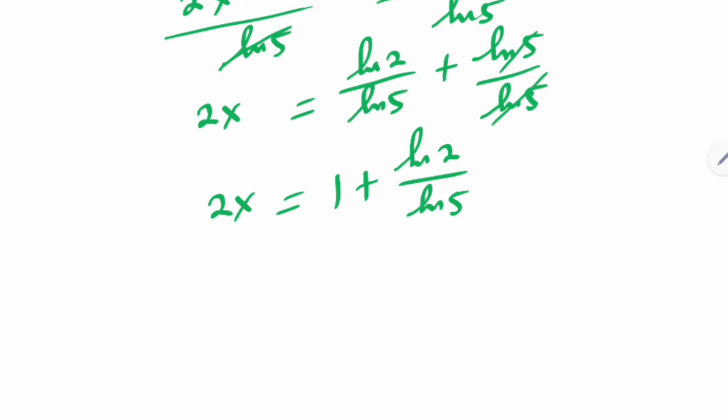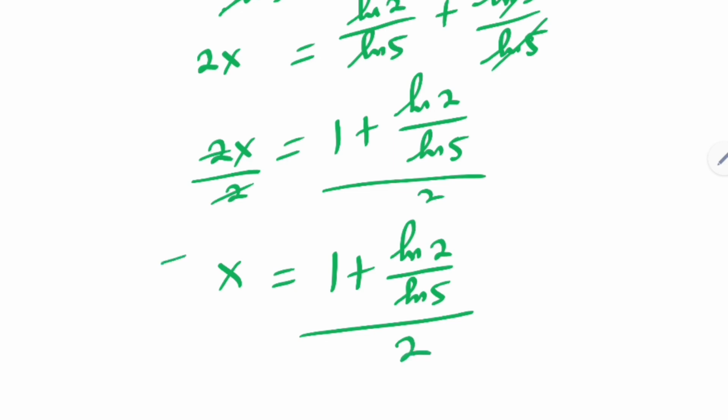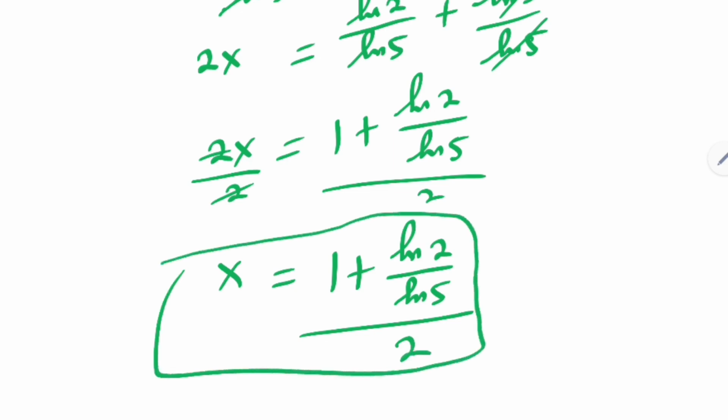Then if you want to divide the whole of this equation by 2 in order to get the value of x, this cancels this. x will be equal to 1 plus ln of 2 over ln of 5 all over 2. This is the value of x if you want to leave your answer in natural logarithm form.